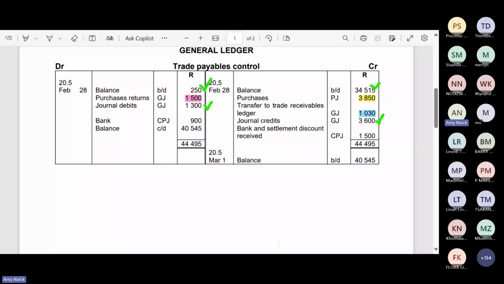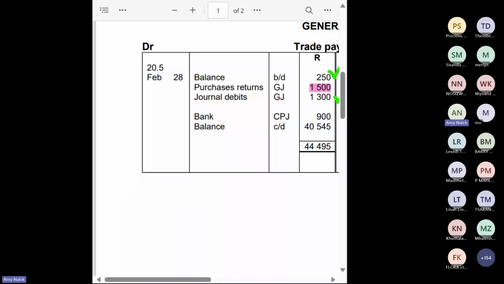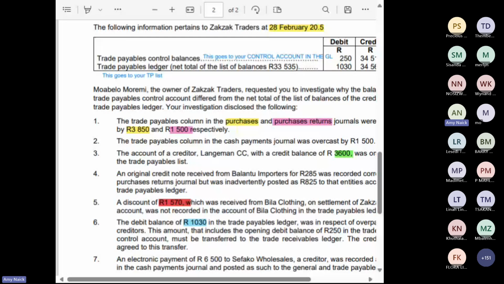Because we overstated the payment, we need to adjust the trade payables control account. So that's a quick one. There are no differences. It's a straightforward amount that's being processed to this account. If we go back to the question, so that's number 2.